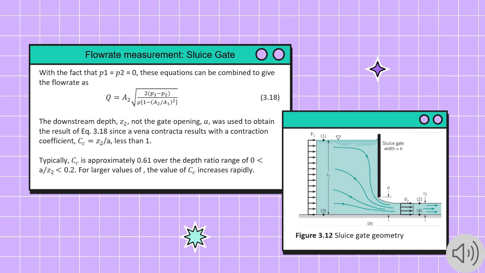As we refer to figure 3.12, the downstream depth, not the gate opening a, was used to obtain the result of equation 3.18, since a vena contracta results with a contraction coefficient less than 1, where typically the contraction coefficient is approximately 0.61 over the depth ratio range of 0 to 0.2. For larger values of the depth ratio, the contraction coefficient increases rapidly.